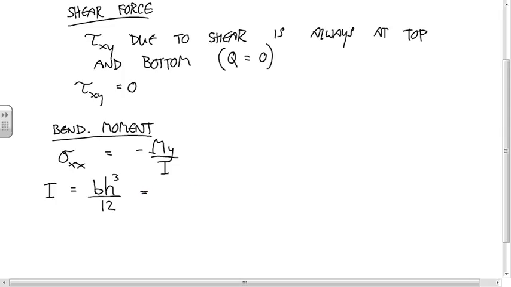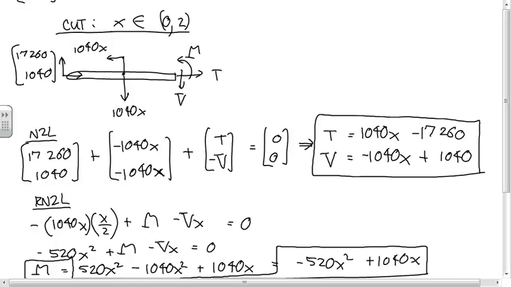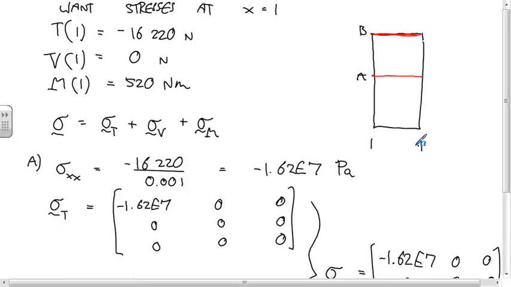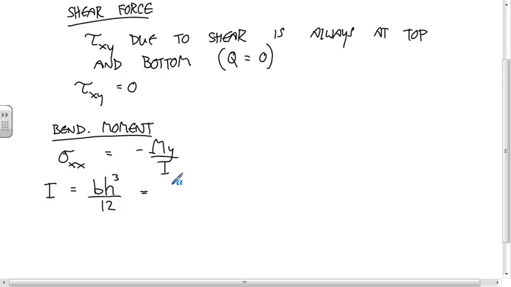The base for this cross section was 0.02. The height was 0.05. And so we have 0.02 times 0.05 cubed divided by 12.